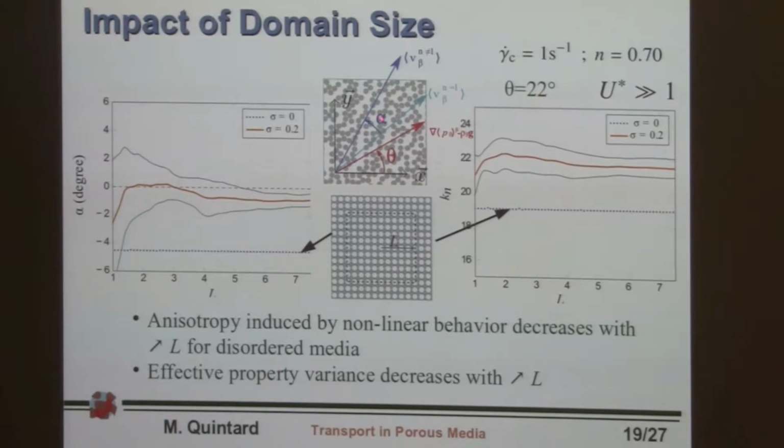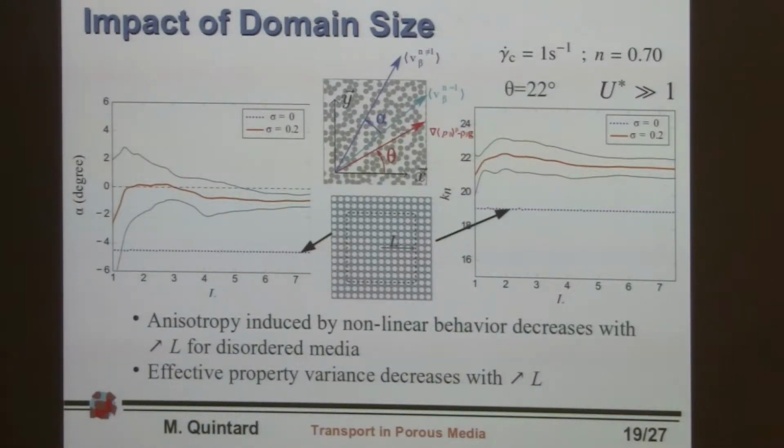If I plot this angle, it is constant, whatever the size of the averaging representative unit cells you take, and it's not zero. It's close to minus 5 degrees. Now I do the same for the disordered medium, and I look at two things: the impact of the variance and the impact of the size of the averaging volume.